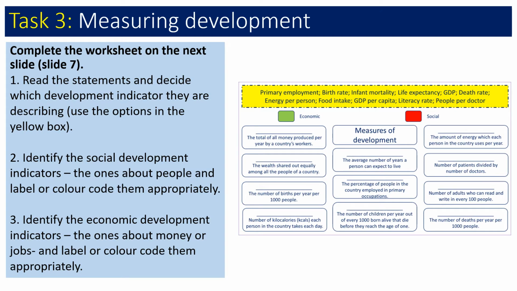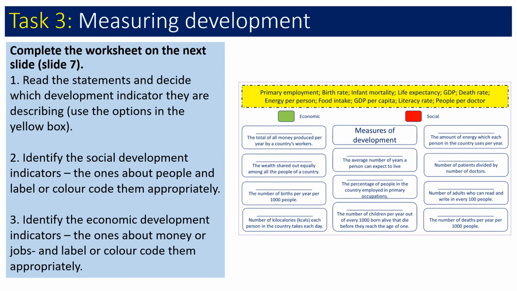So the first task you're going to complete today and make sure you submit to your teacher is this one. And on the next slide, you're able to complete this. So what I'd like you to do is read all of the statements and decide which development indicator they are describing. And to do this, you need to use all of the options in the yellow box.